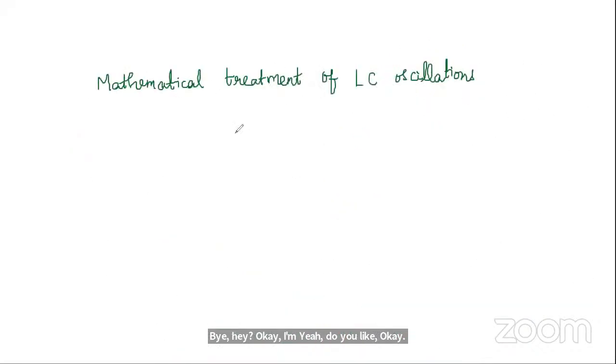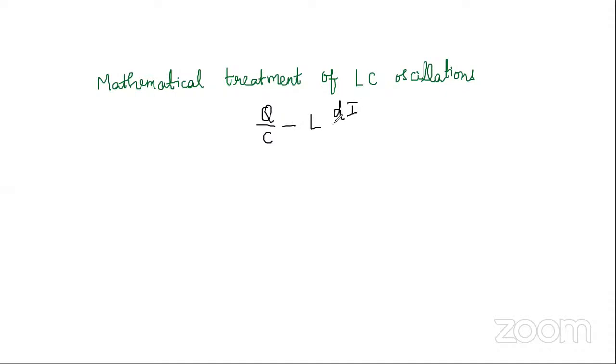Based on Kirchhoff voltage law, the equation is, because the voltage through the capacitor is in opposite direction to the voltage across the inductor, Q by C minus L into di by dt equal to 0.